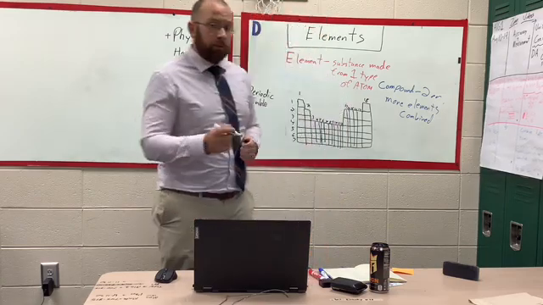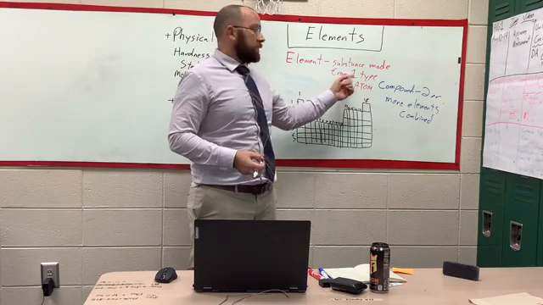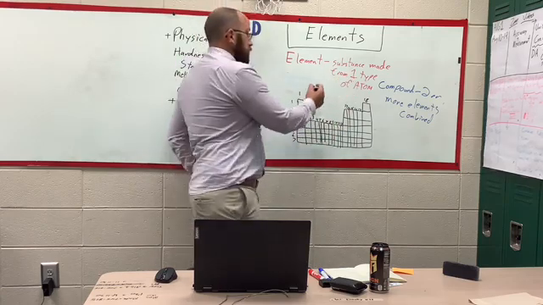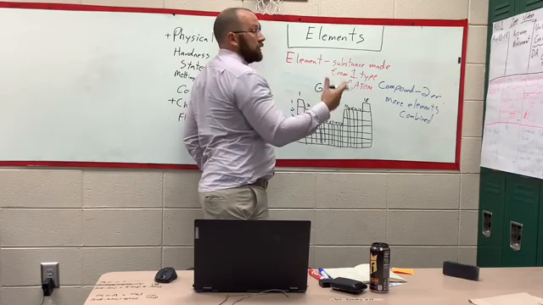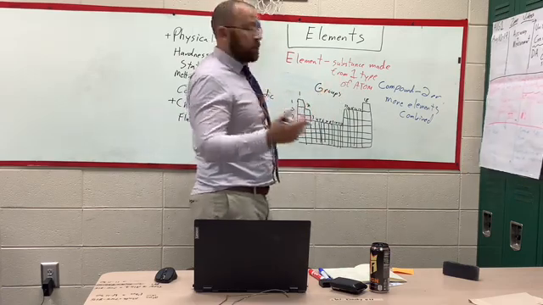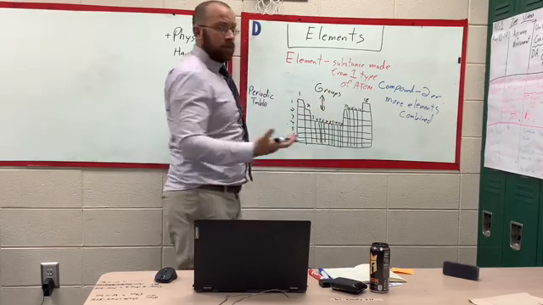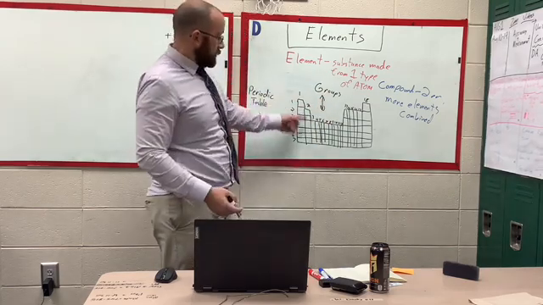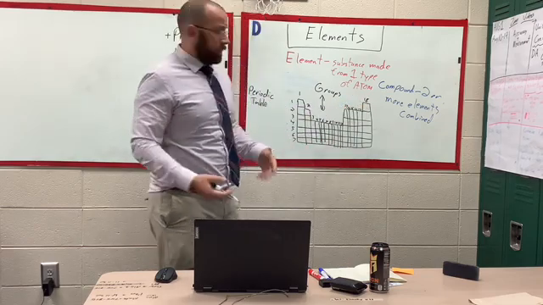All right. So what you need to know right off, each element, again, has one type of atom. So, groups, this is how they're classified. They're classified into groups and periods. Groups are the up and down columns. This is a group, all the way over to 18. There are 18 groups in all.